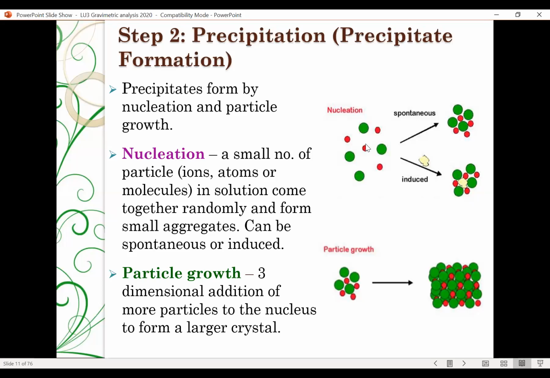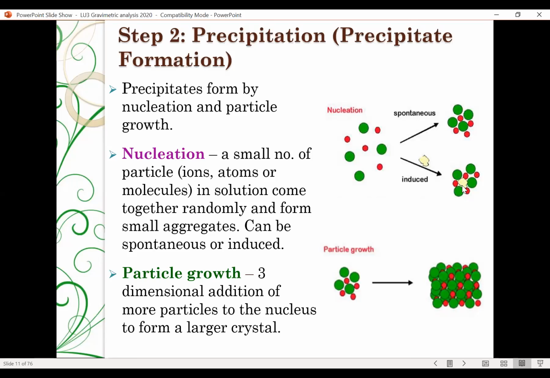Okay, so you have many small particles. Some of them are ions, some of them are atoms, some of them are molecules. They bind together, form small aggregates. This is called nucleation process. Another process which can happen when precipitation process is conducted is the particle growth. Particle growth is the three-dimensional addition of more particles to the nucleus to form a larger crystal.